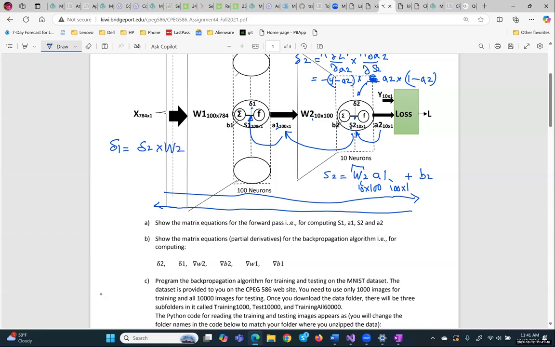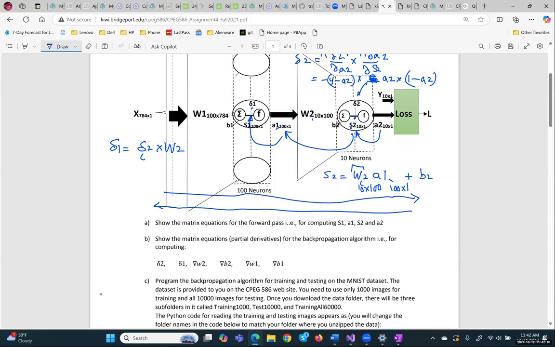Okay, so the question is this right? Because once you write these equations on a piece of paper, that's the way you'll program them, right? So what's the size of delta 2? Delta 2 is these values in the middle of the neurons. How many neurons are here? 10.